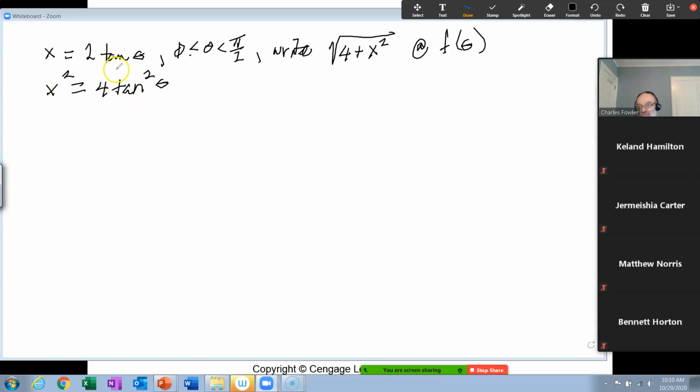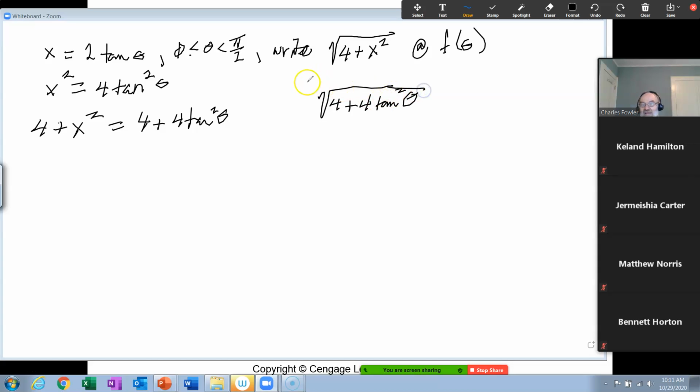Now we're going to add 4 to that. So 4 plus x squared would be 4 plus 4 tangent squared theta. And that's what we plug in here. So we have the square root of 4 plus 4 tangent squared theta.